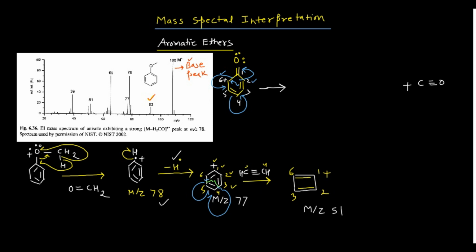Simultaneously, this carbon 2, because electron density is there, pi bond is there, gets connected to this carbon number 6, and this bond will now break heterolytically. This will shift here and this will shift here. So what you will have in the new species, since you have removed one carbonyl group and only 6 carbons were there in the benzene system, is that you are left with 5 carbons.